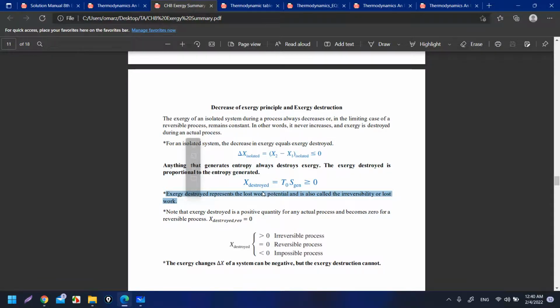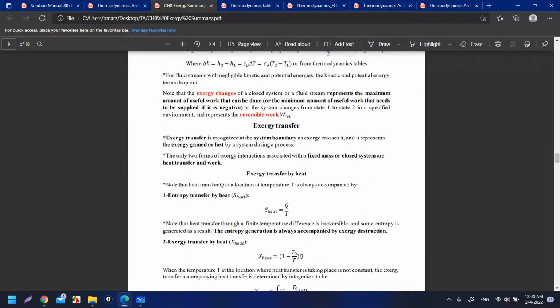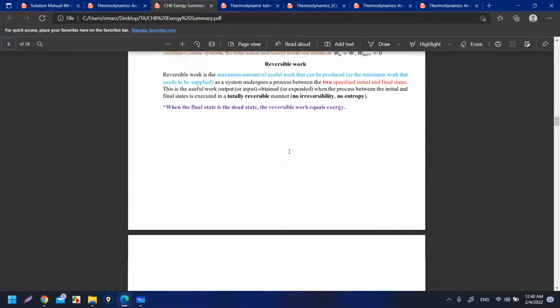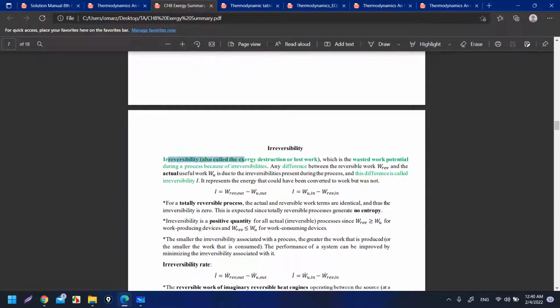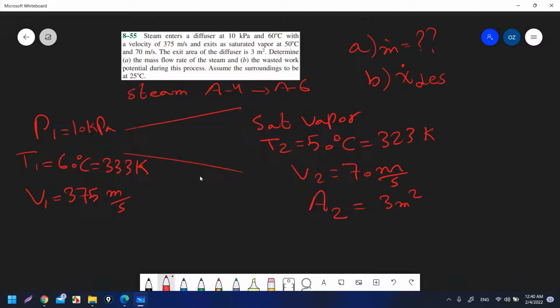So if you find the irreversibility, also called Exergy destruction or lost work, that is the wasted work potential during a process because of irreversibility. Okay, so that is X destroyed in rate form, kilojoule per second, kilowatt.